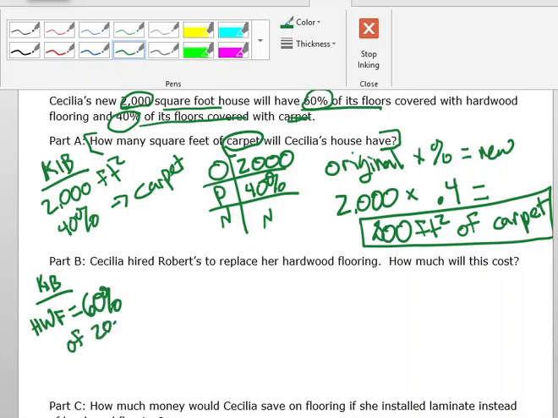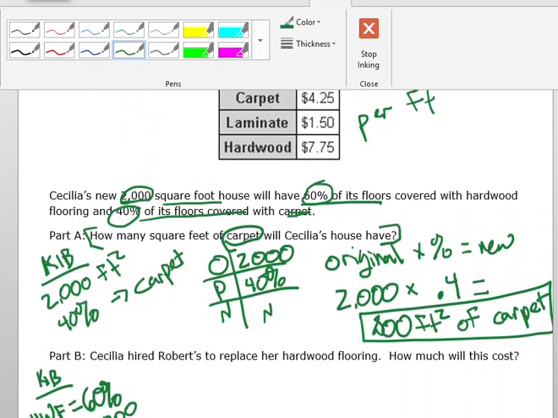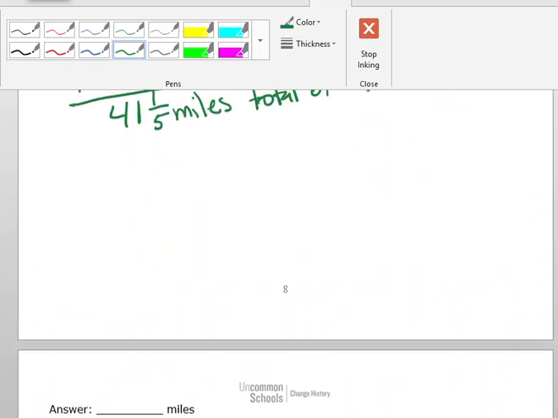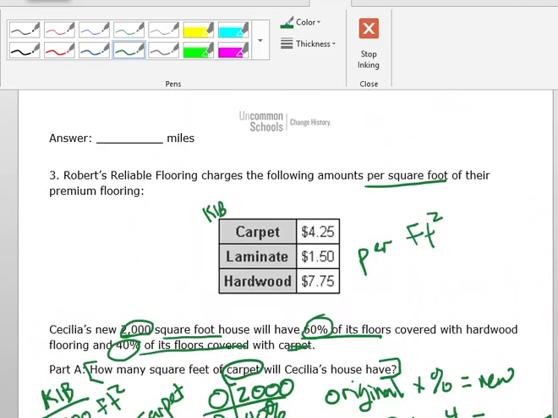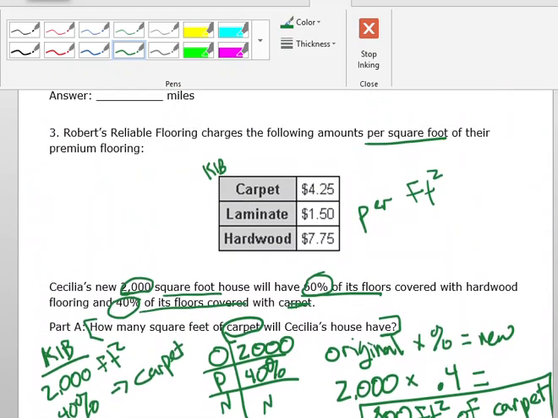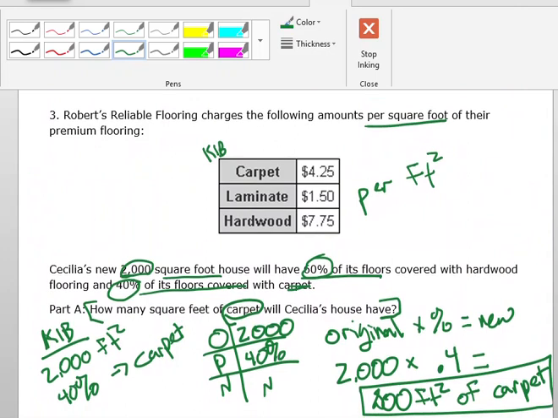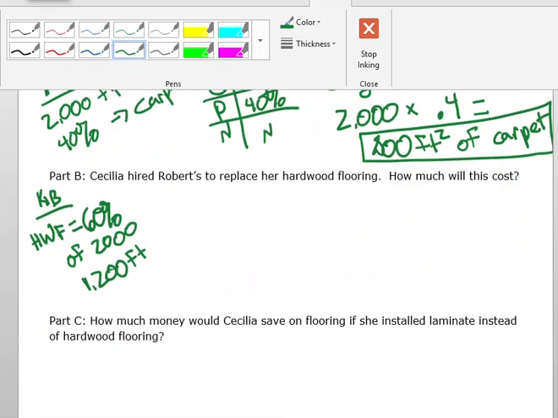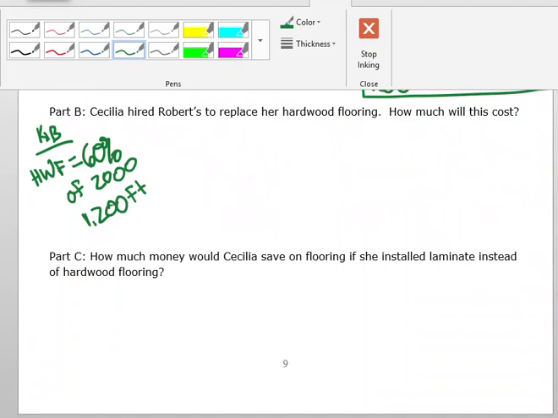And because I just found 40%, I know that the hardwood flooring is going to be 1,200 feet. I also know that Roberts Reliable Flooring charges $7.75 per square foot. So the cost is $7.75 per square foot.